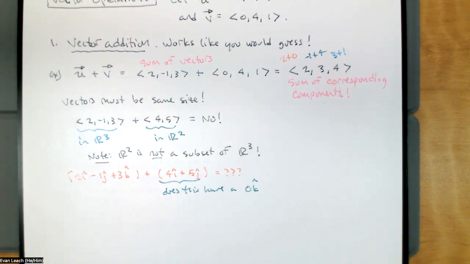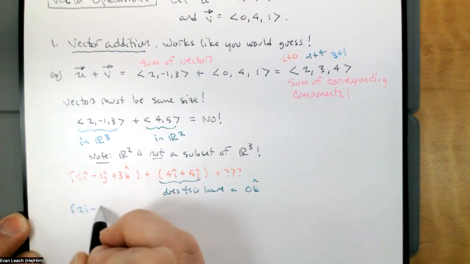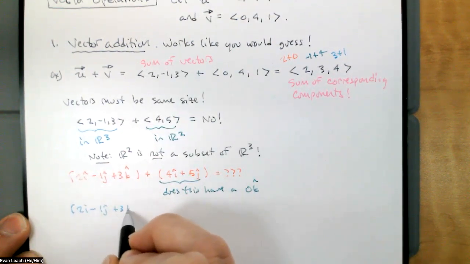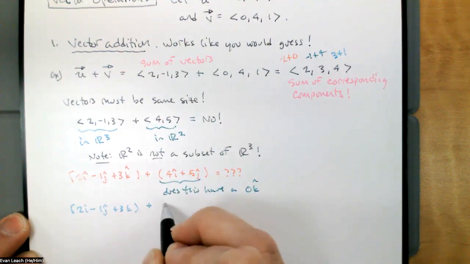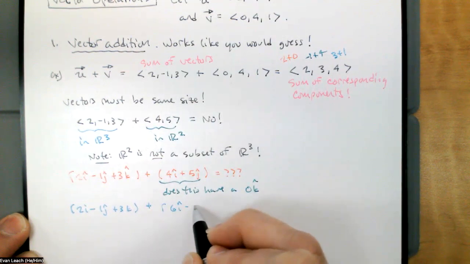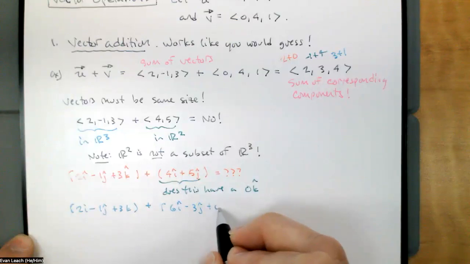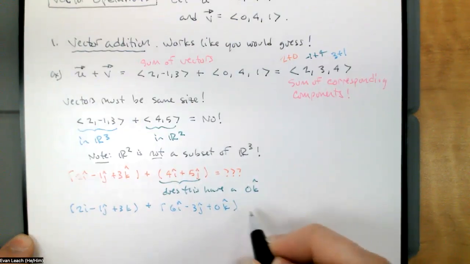Now, if I had a different vector, if I wanted to take 2i minus 1j plus 3k and add it to the vector 6i minus 3j, and I want to make sure that this vector is in R3 and decrease any miscommunications, all I have to do is write plus 0k. And now I've told everybody this vector is in R3.